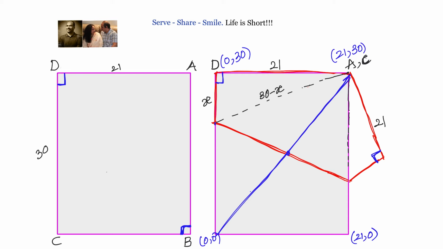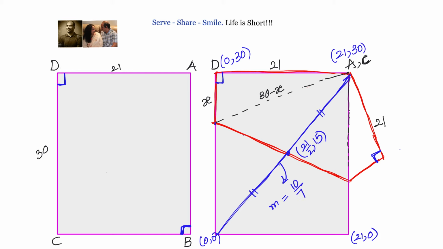This point will be the midpoint of this, so that will be given by 21 by 2, 15. And what is the slope of this line? Slope of this line is given by y2 minus y1 by x2 minus x1, that is 30 by 21, which equals 10 by 7.